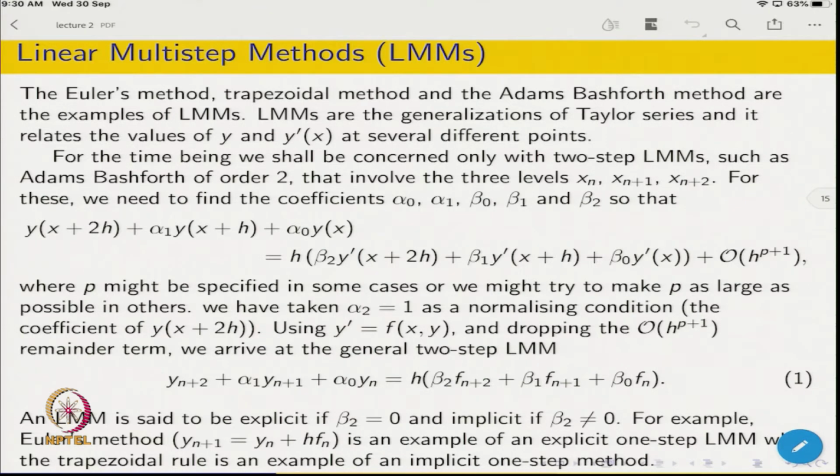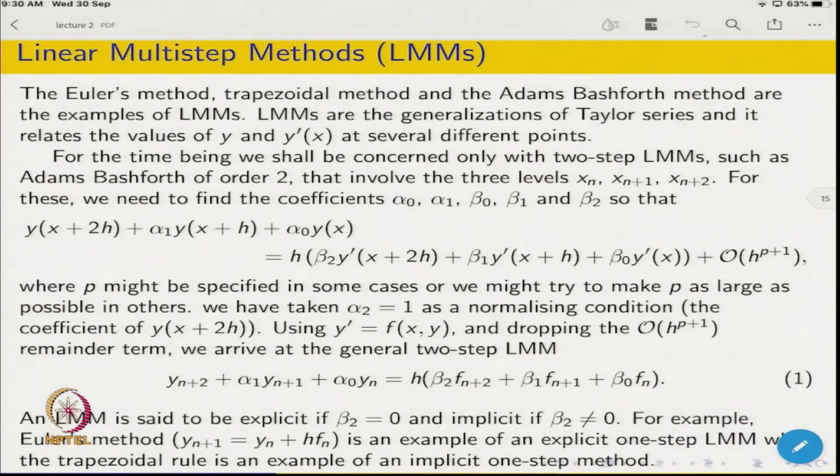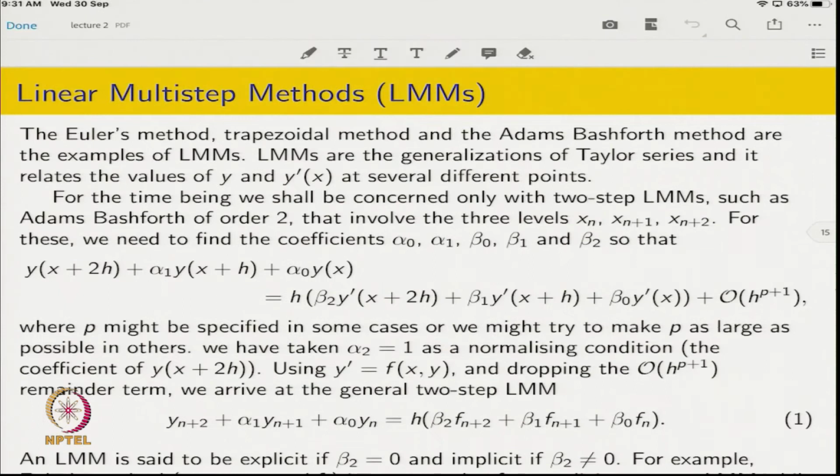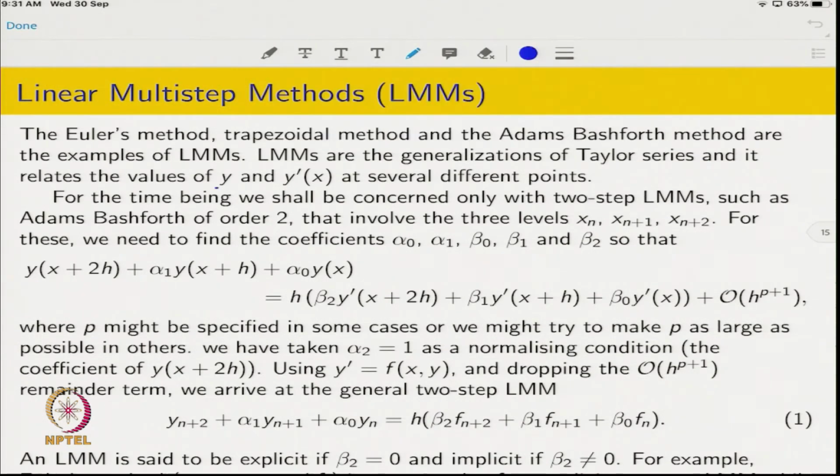So, that is what I am saying here also, it relates the value of y and y dash x at several points. That is the difference between linear multi-step methods and Taylor series methods.